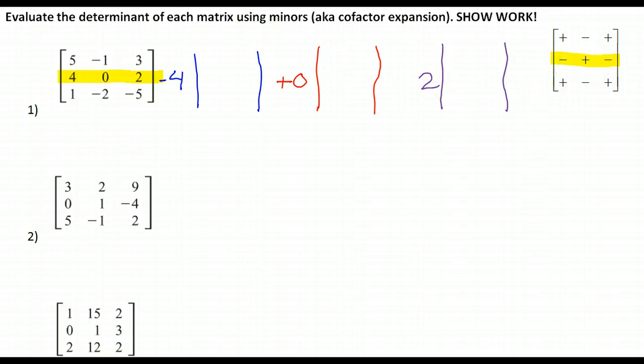And then the 2 will also become opposite because of the minus. If we had used the top row, then we would have used plus, minus, plus. Same, opposite, same. If we used the bottom row, then we would have done plus, minus, plus. Same, opposite, same. Alright, but back to what actually happened.